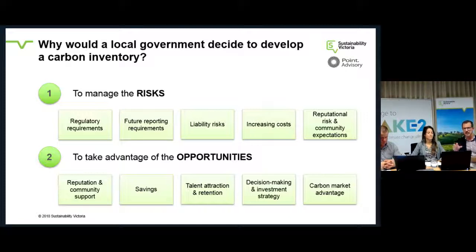The glacial melt has increased in the Andes as a result of climate change, and therefore the spring runoff has increased significantly. This chap's property was flooded as part of that, and he actually took RWE, a big German fossil fuel energy company, to court to seek damages for causing climate change that have basically caused the flooding of his property.